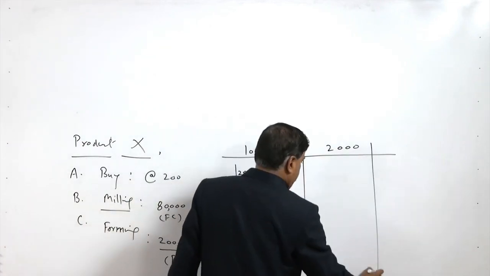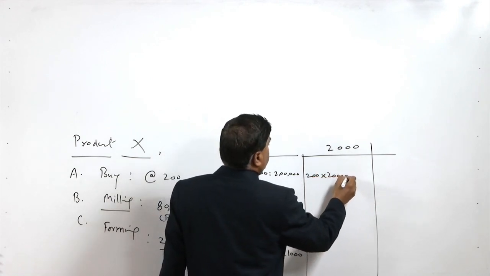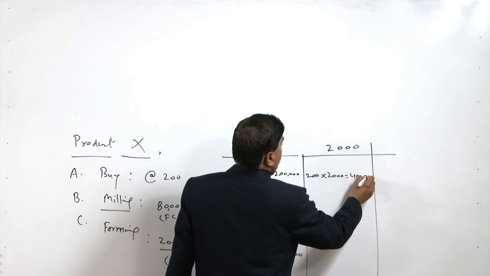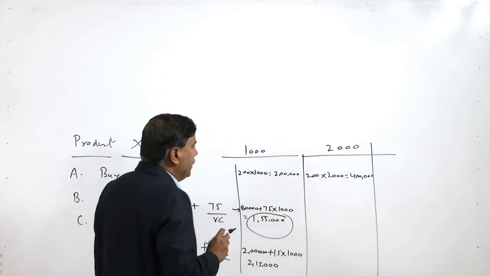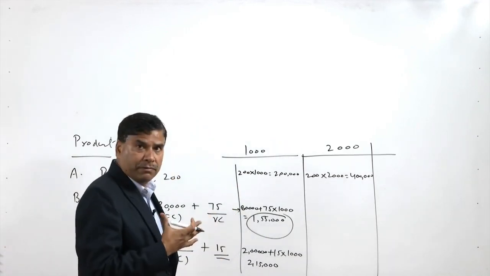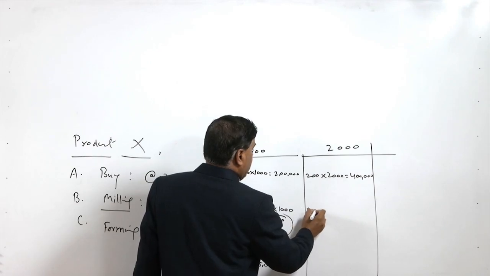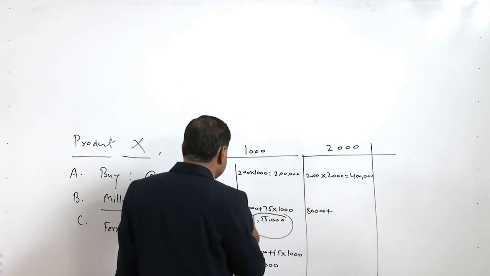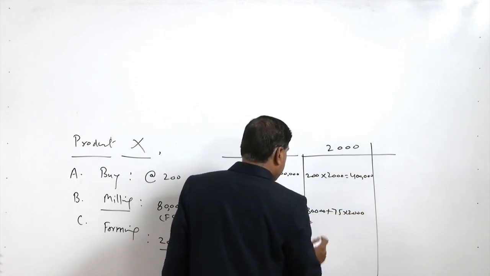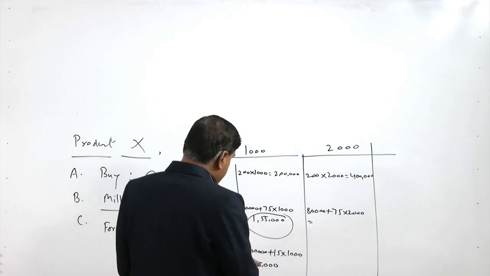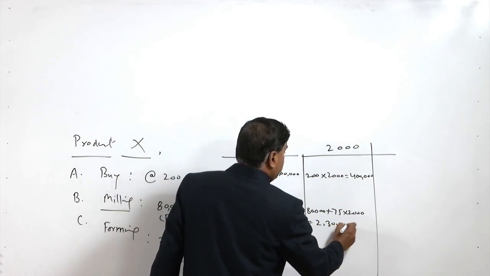In this case, we will have 200 multiplied by 2000, which is 400,000, the cost at which 2000 units can be obtained from the market. If the milling option is used, then 80,000 plus 75 multiplied by 2000, so the total will be 2,30,000.